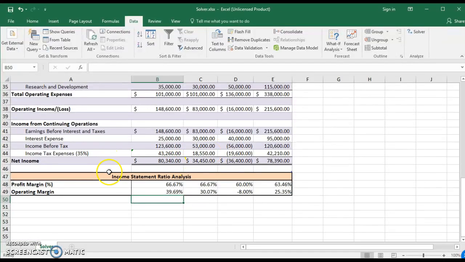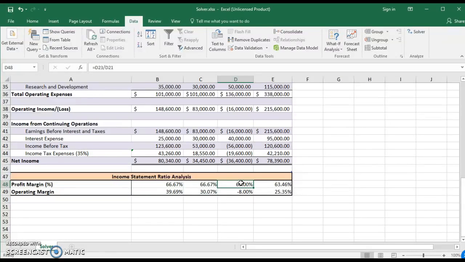So the profit margin indicates the true profit after subtracting cost of goods sold. And according to this analysis, bicycle for kids and strollers have the highest profit margin of 66.67%, and toy cars have a 60% profit margin.